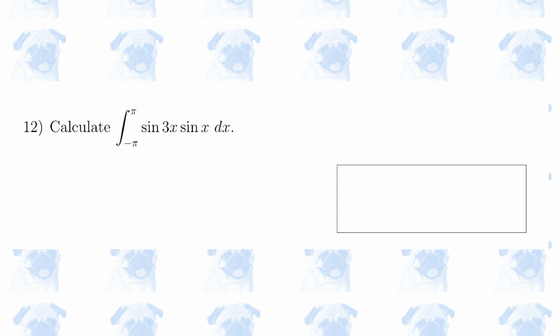Section 1, number 12. First of all, sine 3x is very difficult to work with. So let's rewrite sine 3x. Remember that sine 3x is equal to 3 sine x minus 4 sine x cubed.